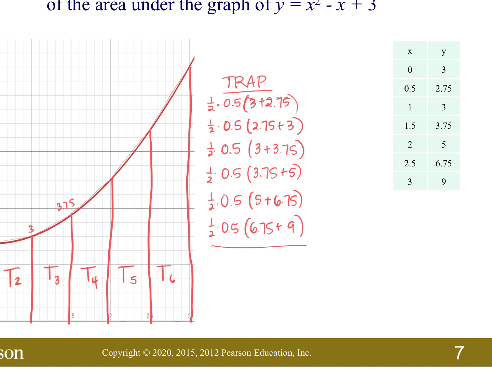So the fastest way to use your calculator is to add up all of those things in parentheses, I think, because they all have the 1/2 in common and they all have the 0.5 in common. So what I would do is I would add up all of these first. And I'd come up with the total of adding. So let me see.